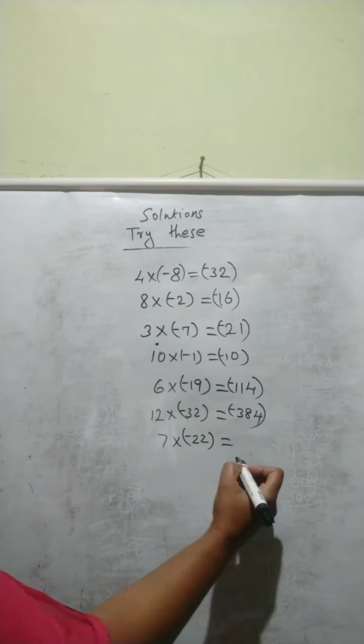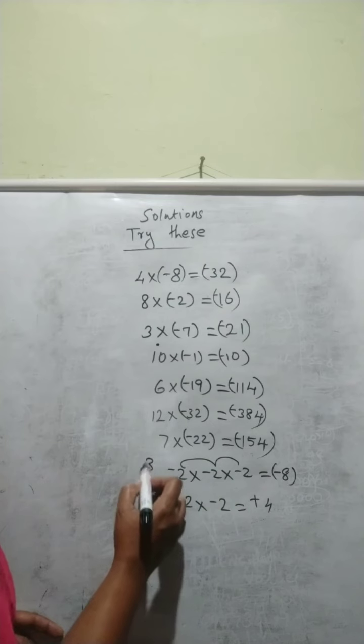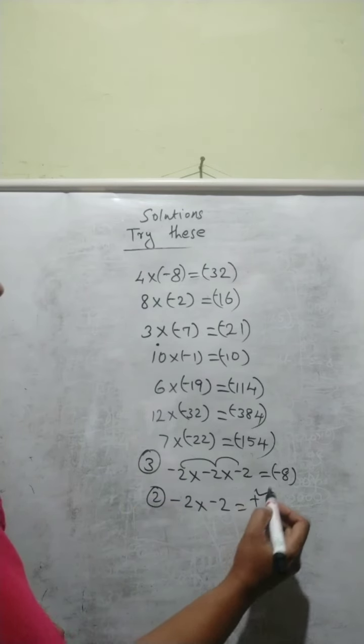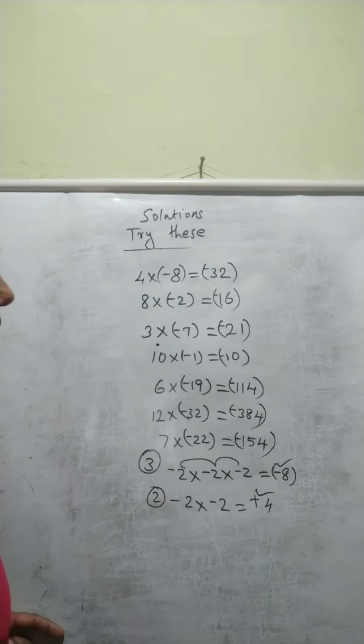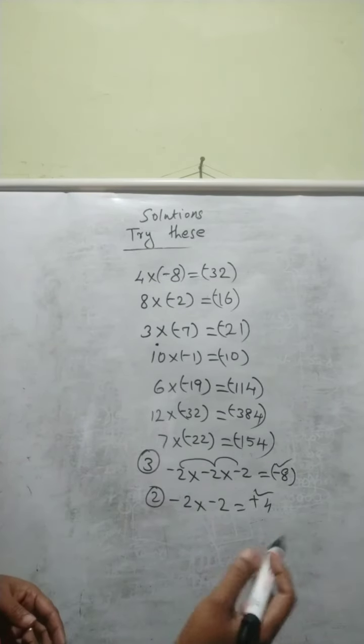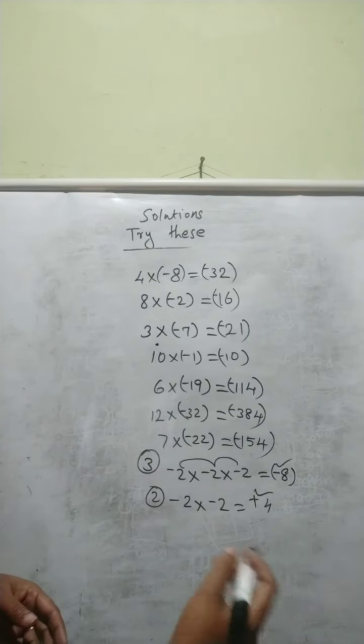Here 3 negative integers are there and there 2 negative integers. So when the negative sign is repeating an odd number of times, the answer will be negative. When the negative integers are in even numbers, the answer automatically will be positive.